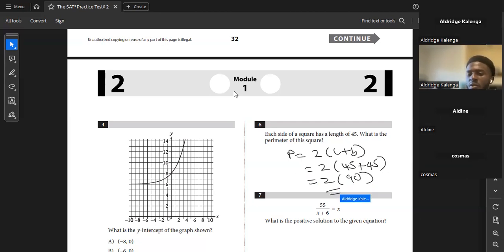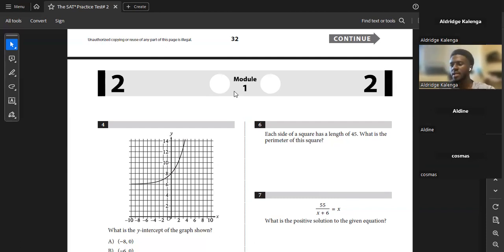Even if you wanted to go the traditional way, perimeter is equal to 2 times length plus breadth, so 45 plus 45 is 90, times 2 is 180. Or, just like he said, you have 45 on one side, it's a square, so you multiply 45 by 4 because you have 4 sides. 45 by 4 is 180, and that's indeed correct. So your answer for 6 is 180.